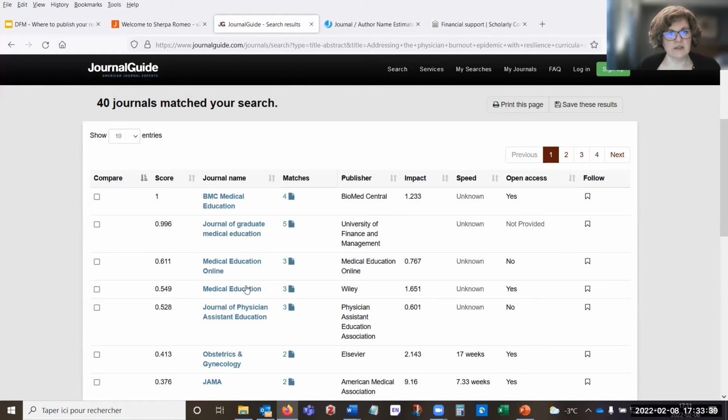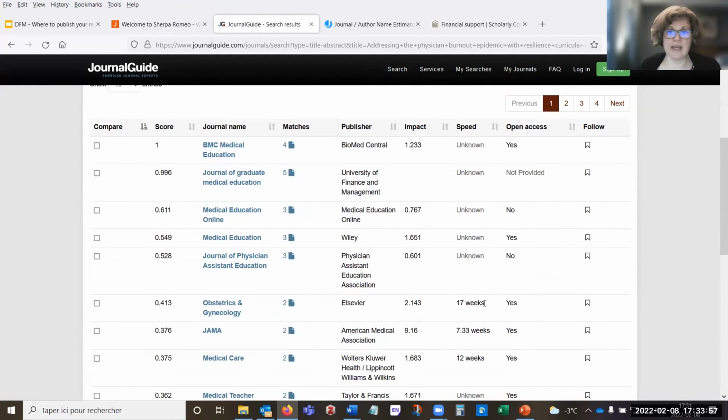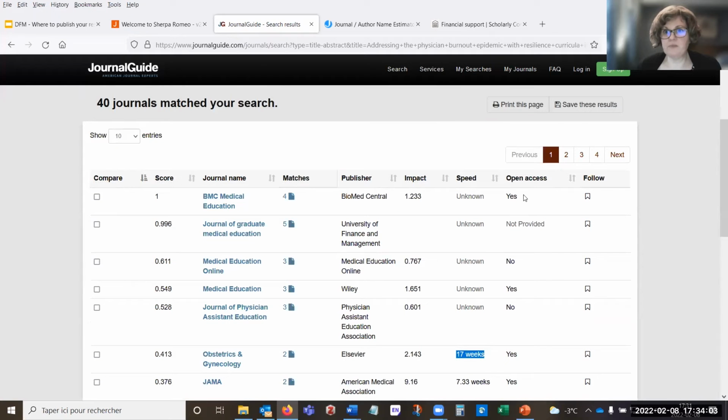And you see even the list is a bit different, like the second one is not Academic Medicine compared to Jane. So it might be worth looking at these two, and maybe there are even more tools out there. Here they are showing the speed, and you see many of them say unknown. I guess if they found the information on the publisher website, they put it here.